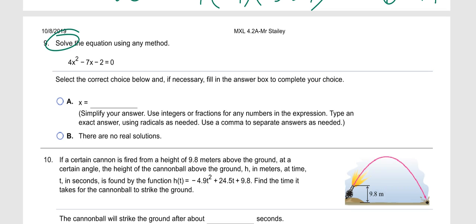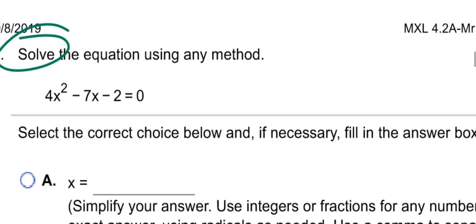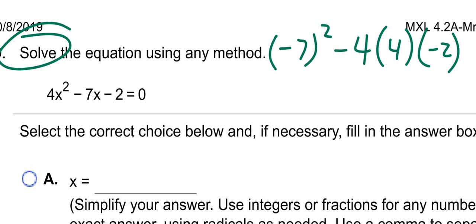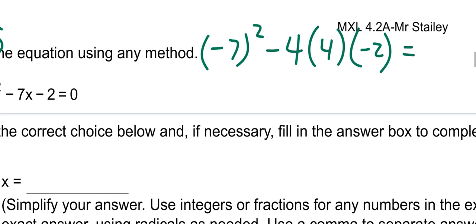Whether it's positive, negative, or 0, that's it. Make sure you're using parentheses when you're trying to find that b squared part. What's our discriminant? 81, that's true. Keep going.